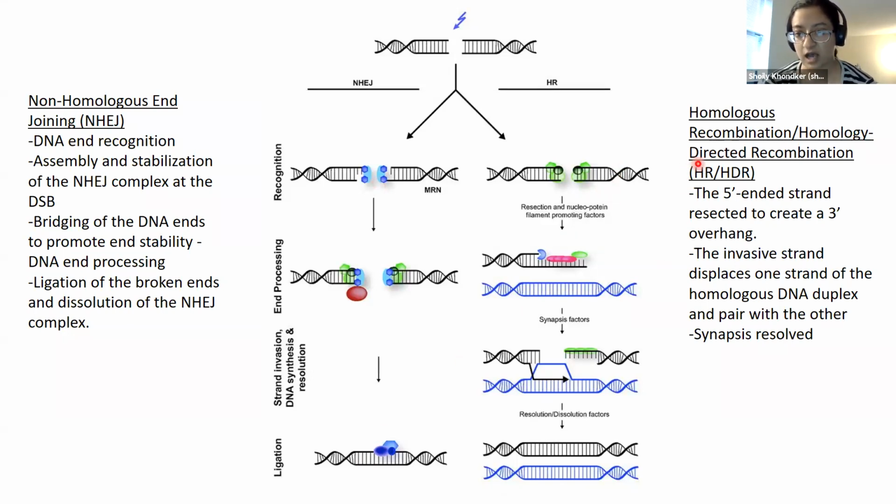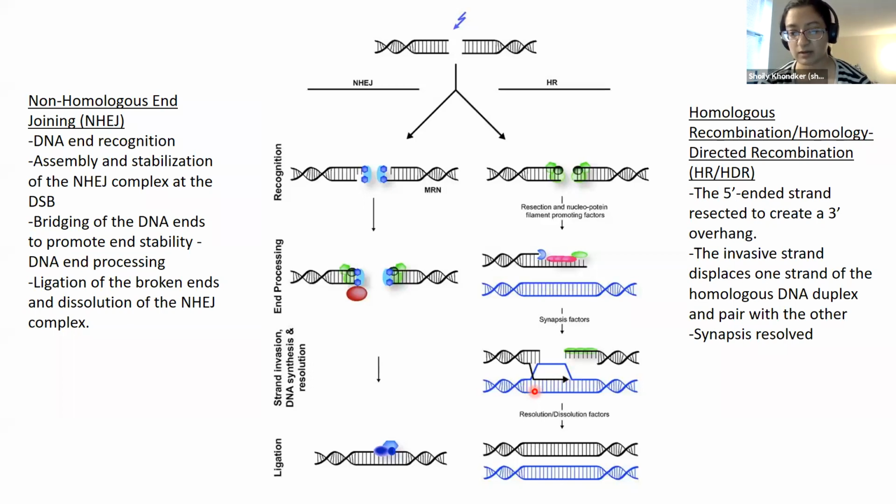Whereas in homologous recombination, the 5' ended strand is resected to create a 3' overhang in the broken DNA. Then the 3' end of the broken DNA invades the homologous DNA double strand, and the invading strand will displace one strand of the homologous chromosome to create a complex known as synapsis.